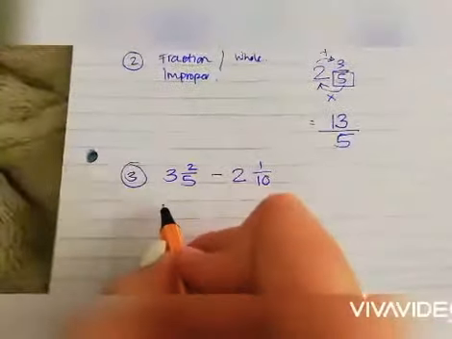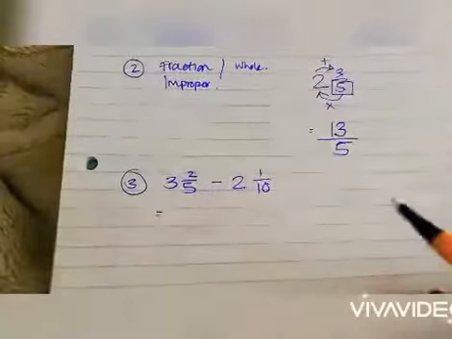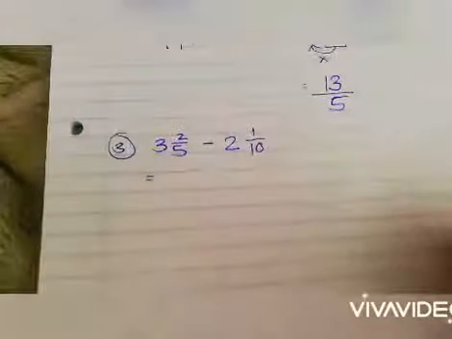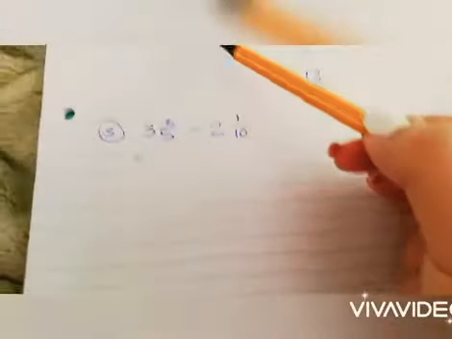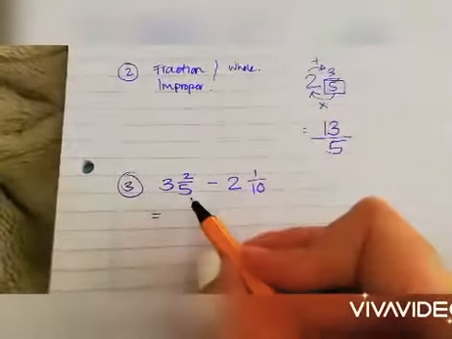Let's try this. Okay, so 3 minus 2 gives me 1, and then we can do our fractions separately. So you can do it that way, or which I'm going to do and show you now is the improper way. So we're going to change it into an improper fraction.